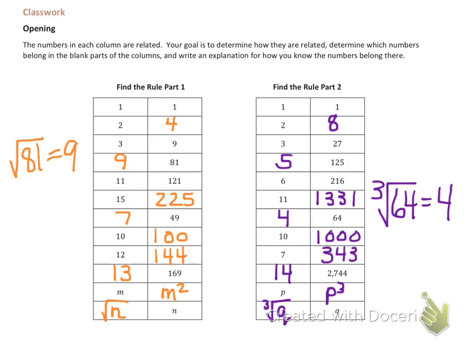We don't have to have whole numbers that we take cube roots of. They can be decimal numbers, they could be fractions, they could be lots of different numbers. So we could have an infinite number of rows in this table, but every time there would be an exact square and an exact square root that went with it, and cube root also.